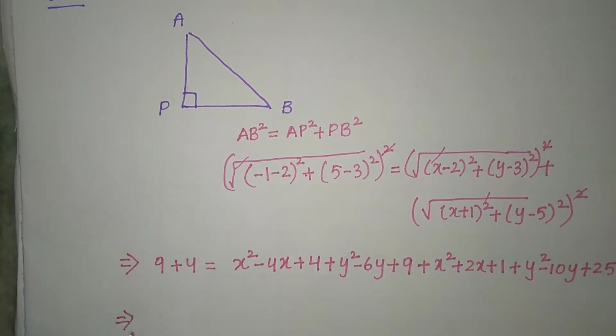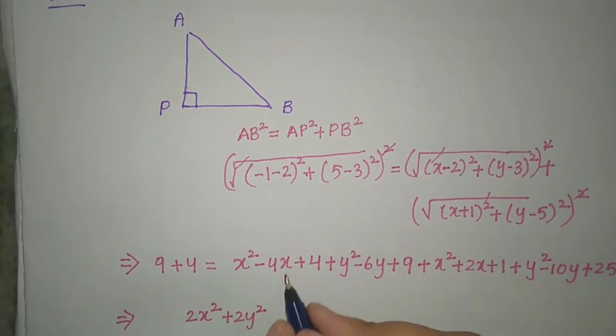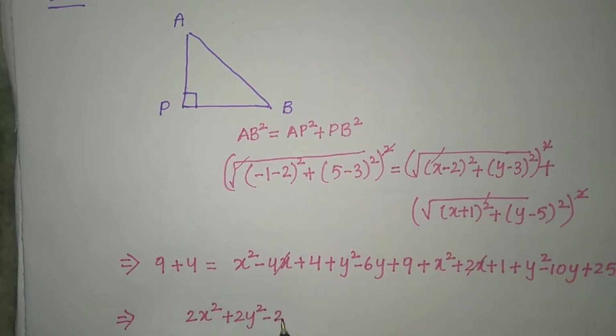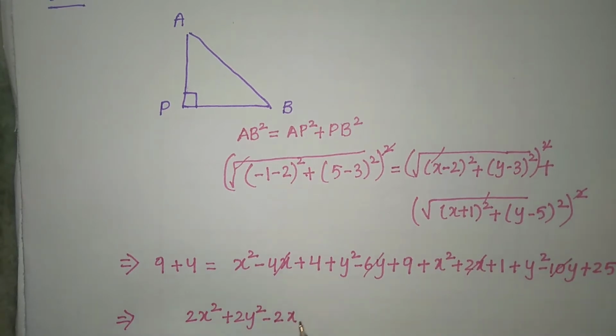So take all the terms towards a single side. x square plus x square, we will get 2x square. Next, y square plus y square, 2y square. So minus 4x and plus 2x, we will get minus 2x. Minus 6y, minus 10y, minus 16y.